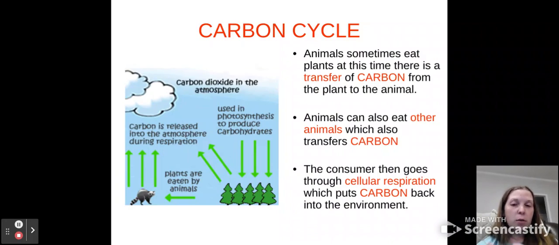Animals can also either eat those plants, and some of the carbon is transferred from the plant to the animal. They also eat other animals, which have carbon. And the consumer, the animals, will go through cellular respiration and put carbon back into the environment.